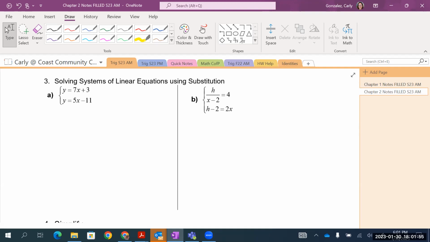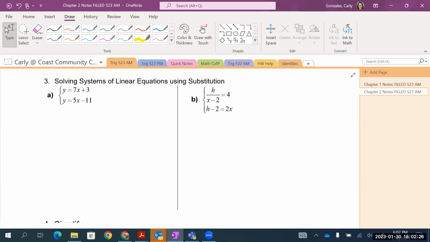However, farther down in the semester, we'll also be using that whole idea of substitution to simplify identities or simplify trigonometric expressions or prove identities. So this is a skill that will be applied to solving systems of linear equations, but it also can be applied to trigonometry as well.